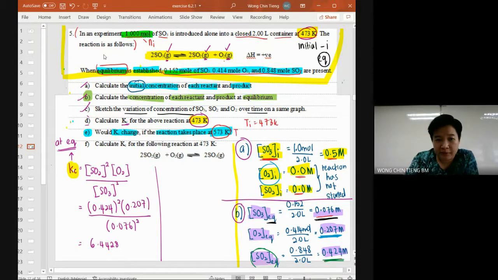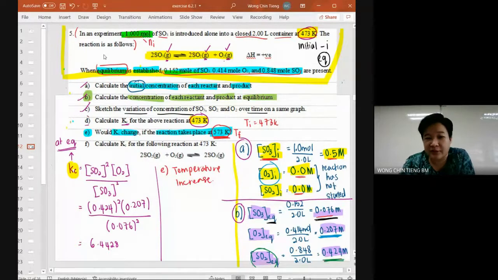Right now my temperature move to 573. Dengan kata lain kat soalan E, temperature increase. Tapi dia tak bagi tahu temperature increase, kamu kena tengok sendiri. Right now my temperature increase and I'm only asking what will happen to Kc. Dia tak minta kira pun. In other words, you only need to know whether it's increase or decrease. My question, increase or decrease?